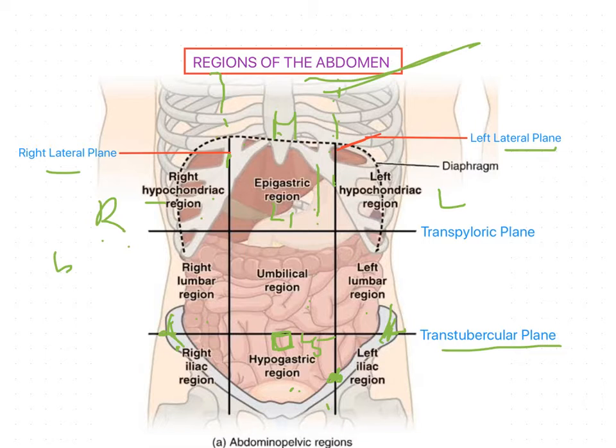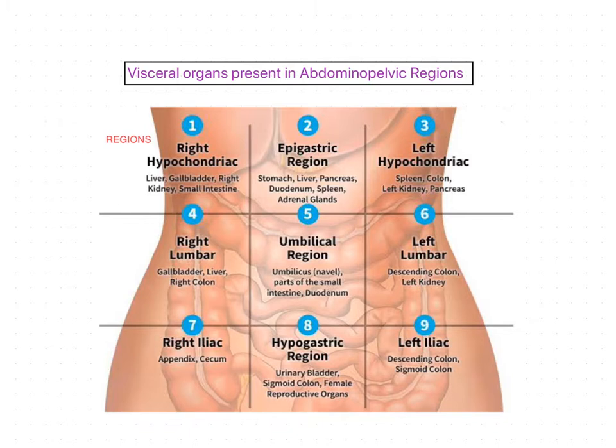Now we will see, in each region, what visceral organs are present. If you see this median vertical zone, that is the epigastric region, umbilical region and hypogastric region.